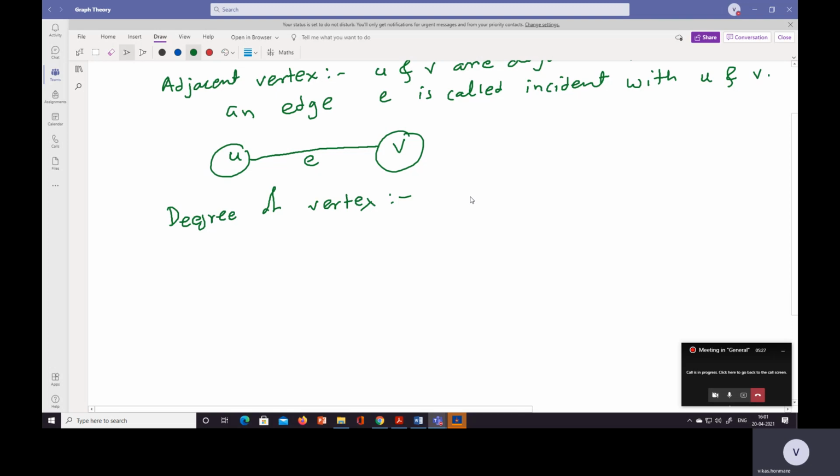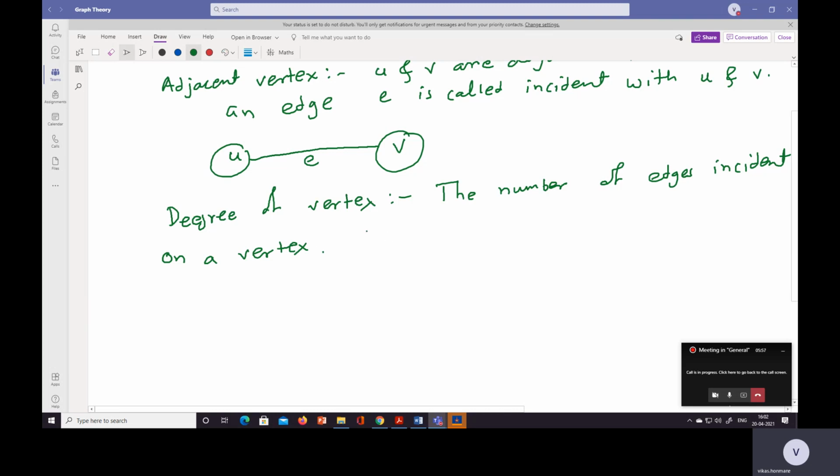The definition of degree of vertex: the number of edges incident on a vertex is called the degree of the vertex.